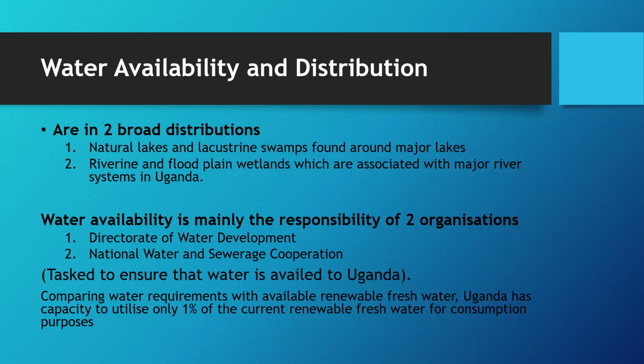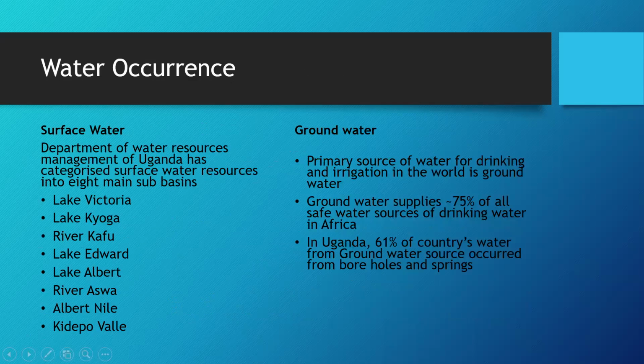The main source of our water is rainwater, categorized into surface water and groundwater. Under surface water, the Department of Water Resources Management of Uganda categorizes surface water into 8 main sub-basins. These are basically the lakes we have. Then we have groundwater, where people dig and pump water up.